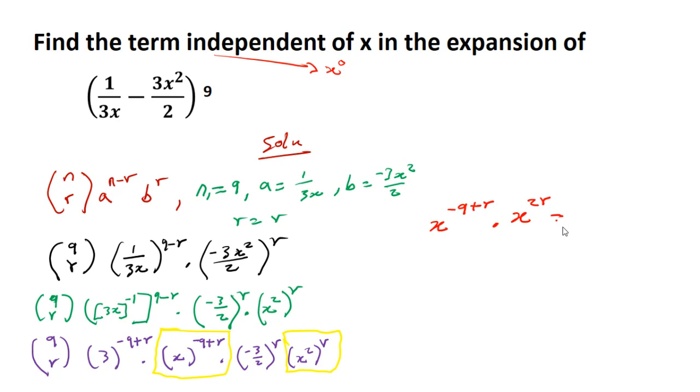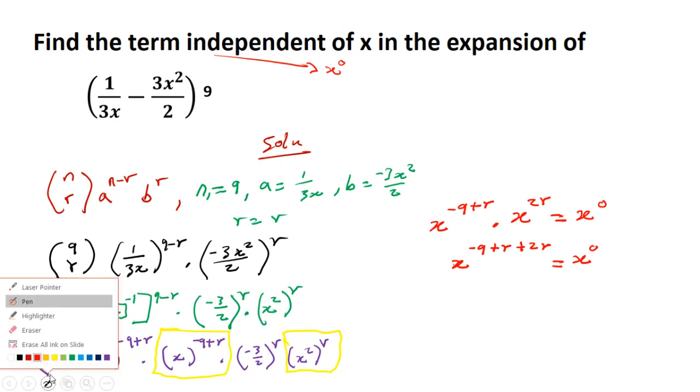Then this should be equal to x to the power 0. So after you do that, you can make this using the exponent rules, because this guy is multiplication, so you are going to add on top. So it's going to be x to the power negative 9 plus r plus 2r, which is simply equal to x to the power 0.